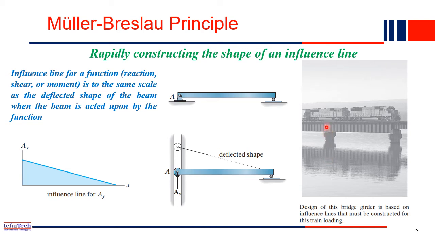So in the last class we have calculated, for example, this is a beam, and if a uniformly distributed load, basically the train load is nothing but a uniformly distributed load, which is passing through this bridge. So how the bending moment and the shear force will vary across the beam, that is actually displayed through influence line diagram.